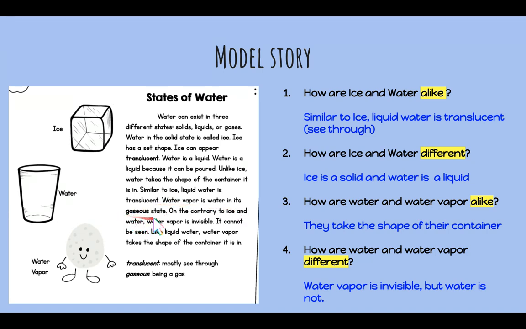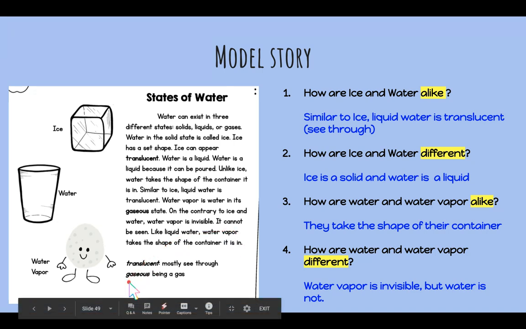So that just means in a gas form. On the contrary to ice and water, water vapor is invisible, which means you cannot see it. It cannot be seen. Like liquid water, water vapor takes the shape of the container it is in.